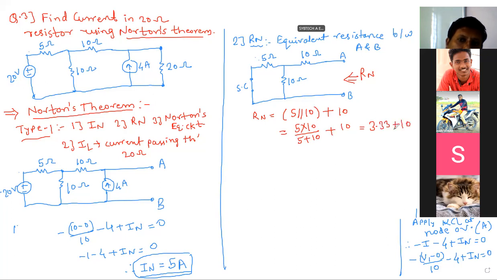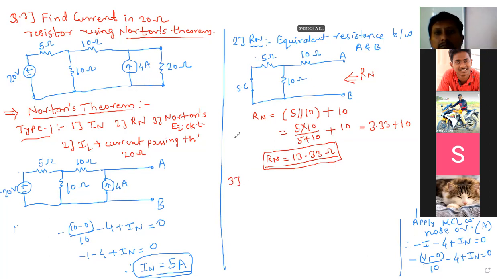This plus 10 as it is. So RN value is 13.33 ohm. Whether it is correct? Yes, sir.